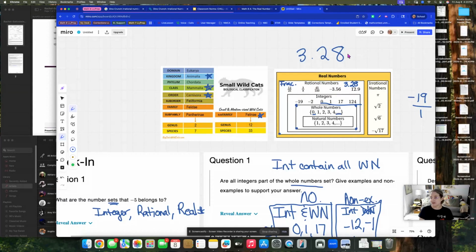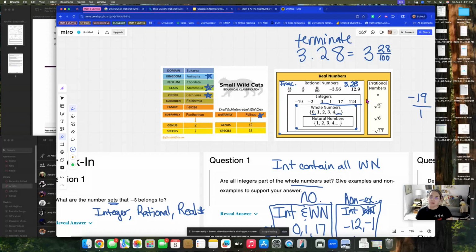But remember, the decimals can all be written as fractions as long as they terminate, meaning they end. Like the Terminator, he ends you. Do you guys know about the Terminator? 0.28 is 28 hundredths, and that's 28 over 100.